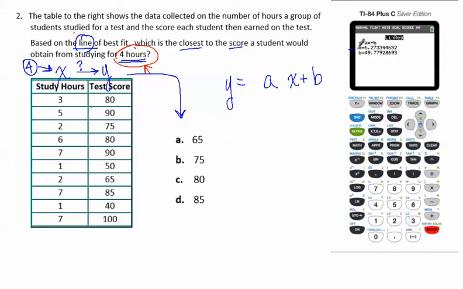Then you go to the second line of your calculator to figure out what A is. A is 6.273, so you substitute. And then you look for what B is right here, 49.779. So you erase the B and in its place put its corresponding value.